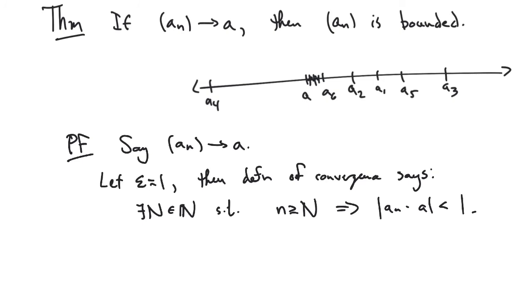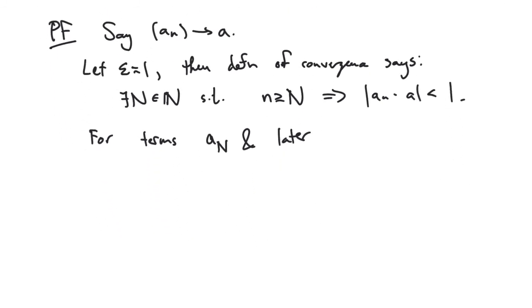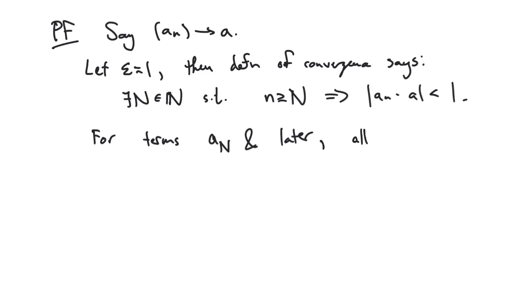So what this means is for terms A sub big N and later, all terms are within 1 of the limit A, right?